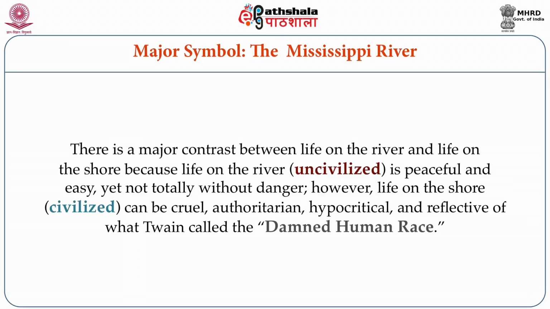There is a major contrast between life on the river and life on the shore, because life on the river, uncivilized, is peaceful and easy, yet not totally without danger. However, life on the shore, civilized, can be cruel, authoritarian, hypocritical, and reflective of what Twain called the damned human race. So this is something we have already talked about: life on the shore is considered safe and civilized, and life on the river is considered unsafe and dangerous.